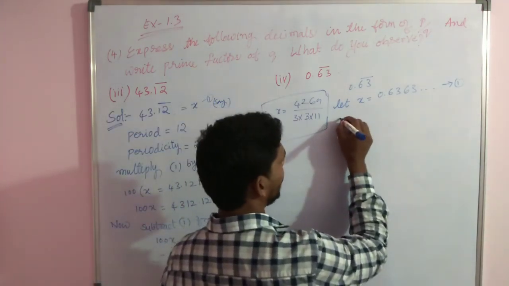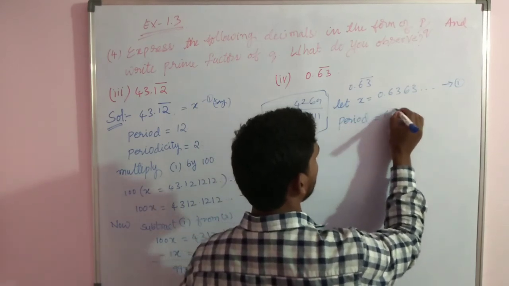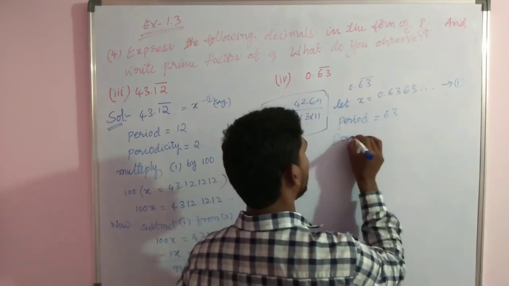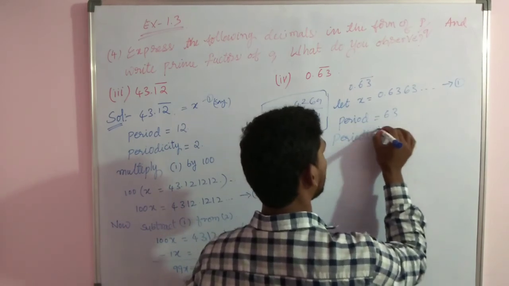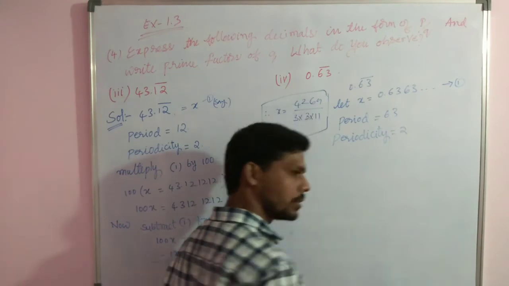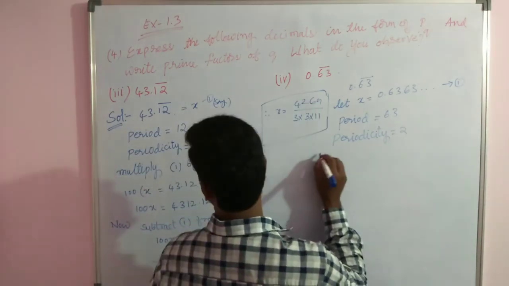Now here, period and periodicity: the period is 63, and the periodicity is again 2. So you need to multiply with what? 100.